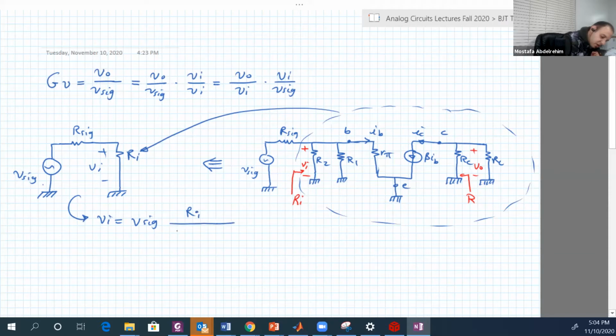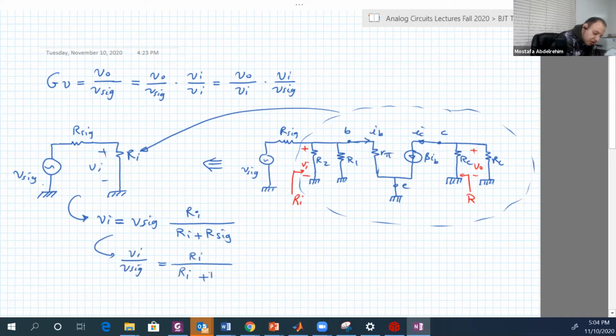RI over RI plus R signal. So from this, VI over V signal is actually equal to RI divided by RI plus R signal.